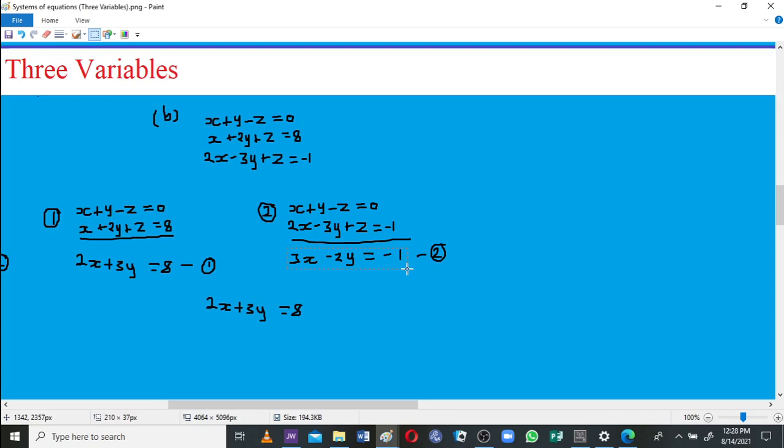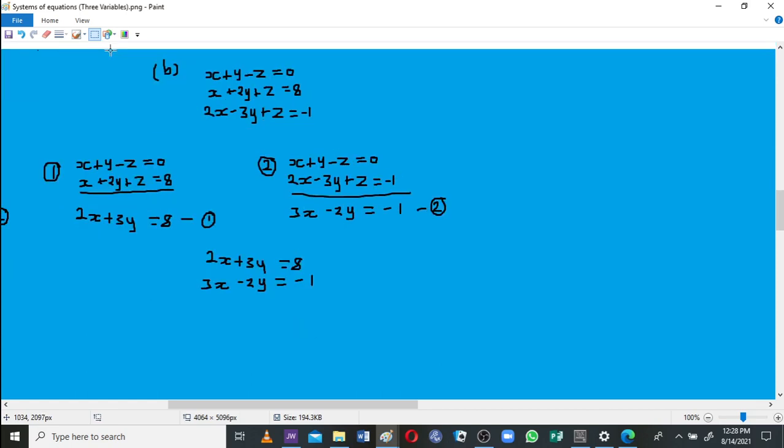Okay, this is what I've gotten after adding up those two equations. Okay, so I need to solve these two equations now simultaneously. Okay, hope you're able to follow these procedures. They are very simple, and this is the simplest way of solving system of equations, okay, with 3 variables.